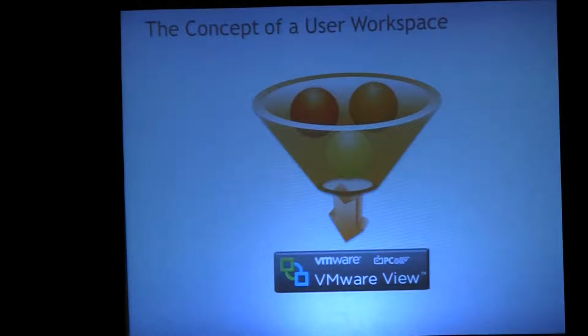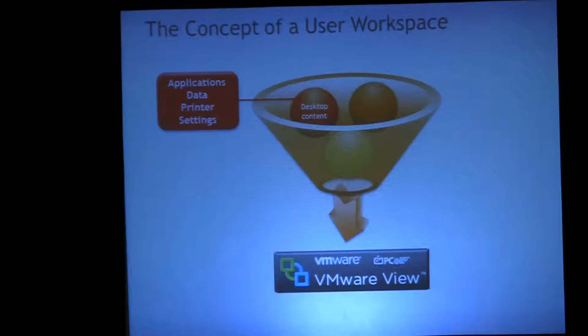So the way that we look at this workspace and the way to build up this workspace is that we really need to focus on what the user needs. And we call that the desktop content. The user needs all these items to be productive. So there's a lot of fuss about personalization, profile solutions. In our opinion, profile solutions only take care of this wallpaper with the dog in the background, for example. Sometimes I ask people, how important is this wallpaper?